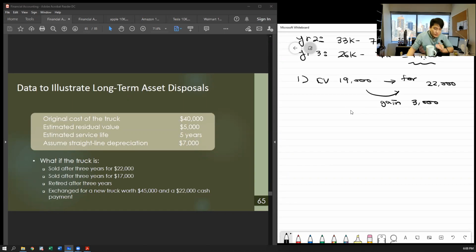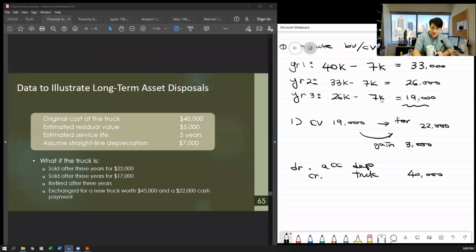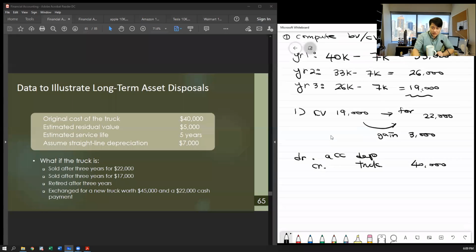If you're selling your truck, you're going to credit your truck. Now, keep in mind that we're going to use the original value of $40,000. So far, your accumulated depreciation is 7,000 times 3, so that's a total of $21,000.